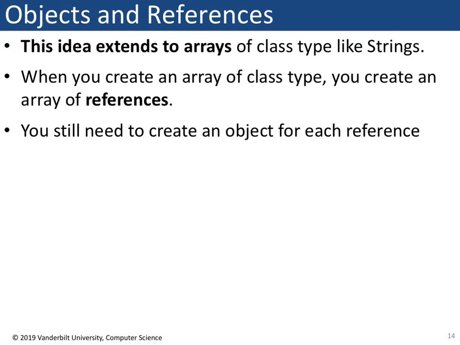Just like we saw in the previous slide, we have to create the reference variable and create the object. So even though we've declared some array of a class type, we still have to build those objects in memory and then store their references in the elements of the array.